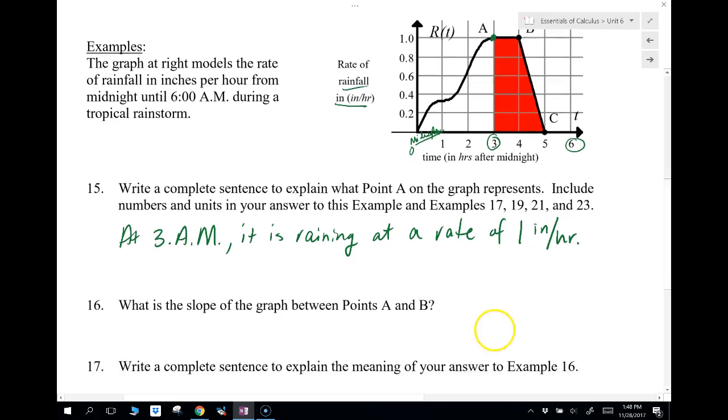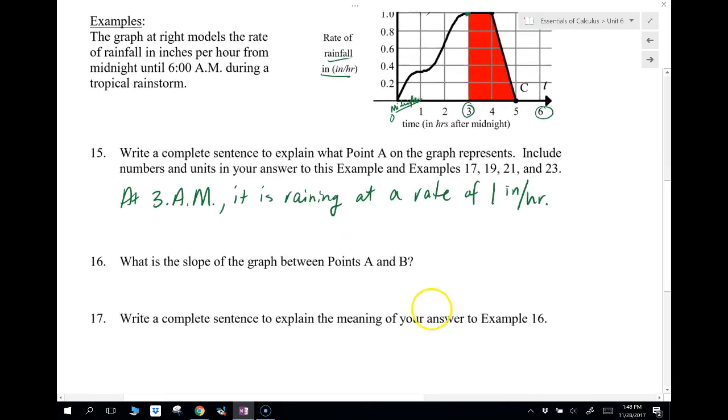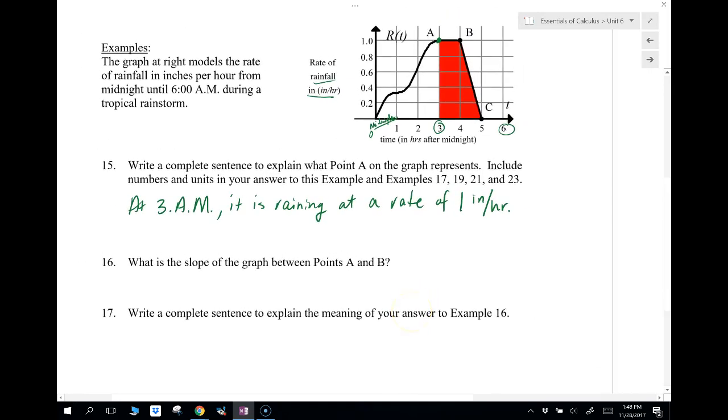So let's look at number 16. What is the slope of the graph between points A and B? So what's the slope of the graph between point A and B here? The slope of the graph that we're looking at is 0, right? So the slope of this graph is 0. So what does that represent when the slope of the graph is 0?